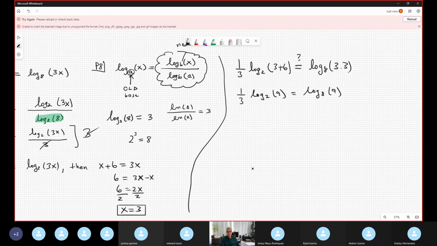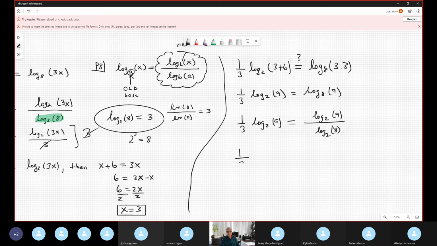To see if they are equal to each other or not, we do a similar situation. This stays the same, but I apply one more time the change of base formula: logarithm base 2, so I convert 8 to 2, of 9 divided by logarithm base 2 of 8, which we computed before, which is 3. Look at that.